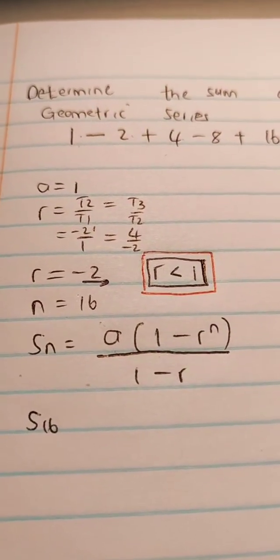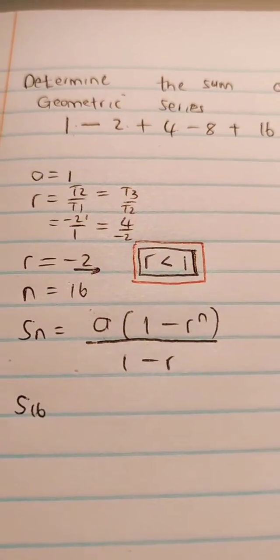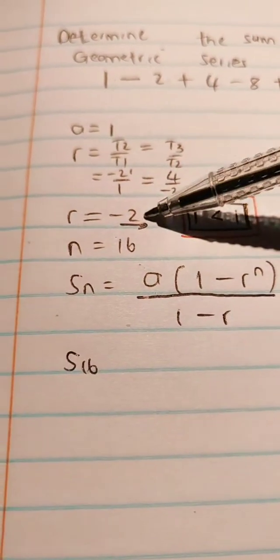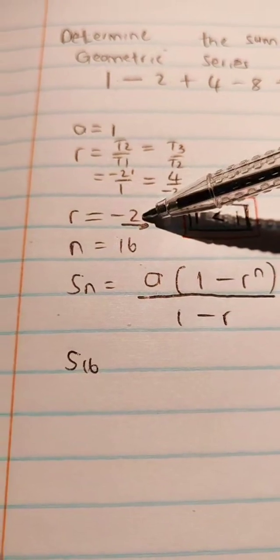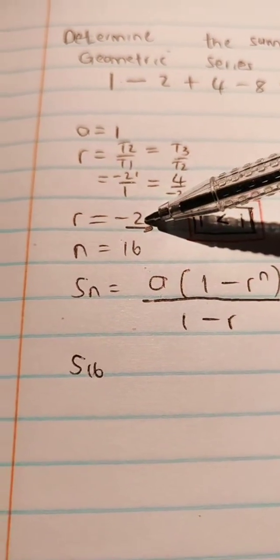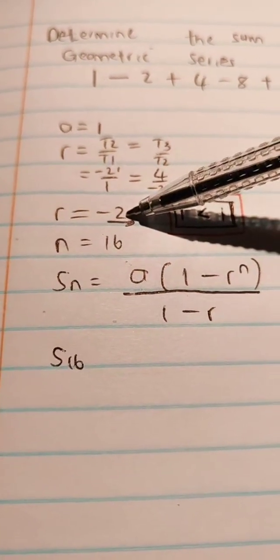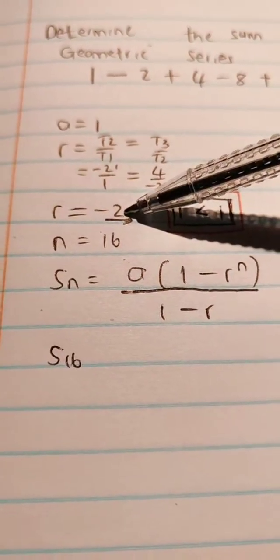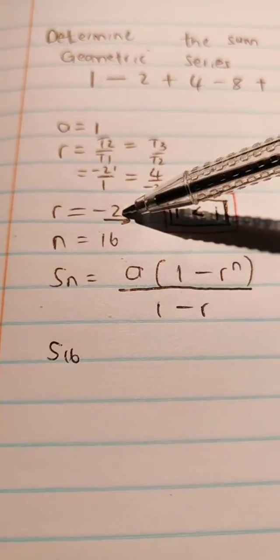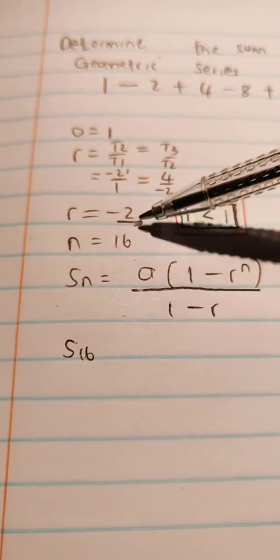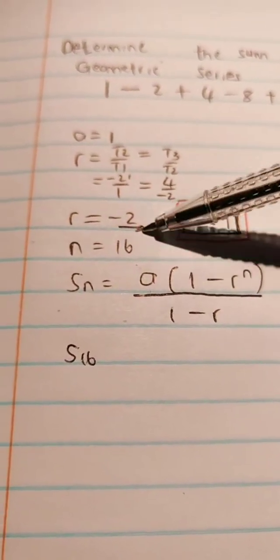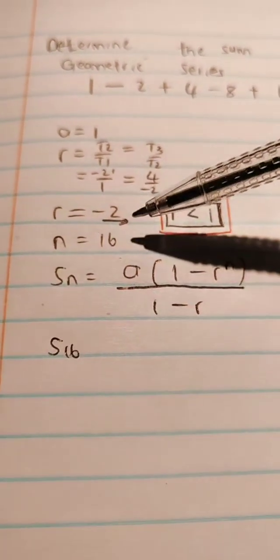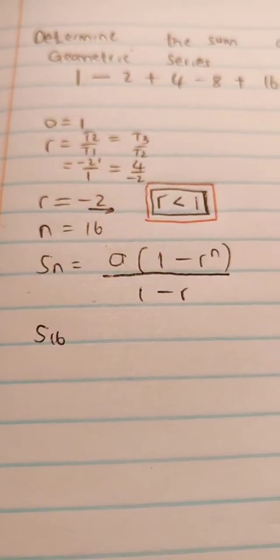Don't we use this method when r is less than 1 but greater than -1? No, this method we use when r is less than 1. It's convenient. That's the word that they use.